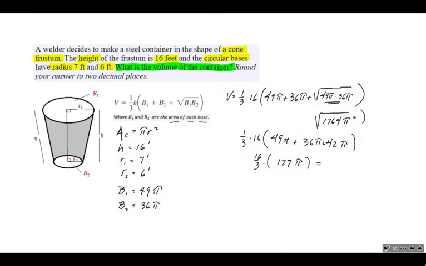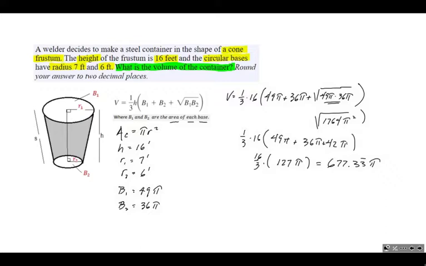When we do this multiplication, we get a value in terms of pi of 677.33 repeating pi. Now we saved ourselves from working with a whole bunch of unwieldy numbers. We're down to 677.33 repeating pi.